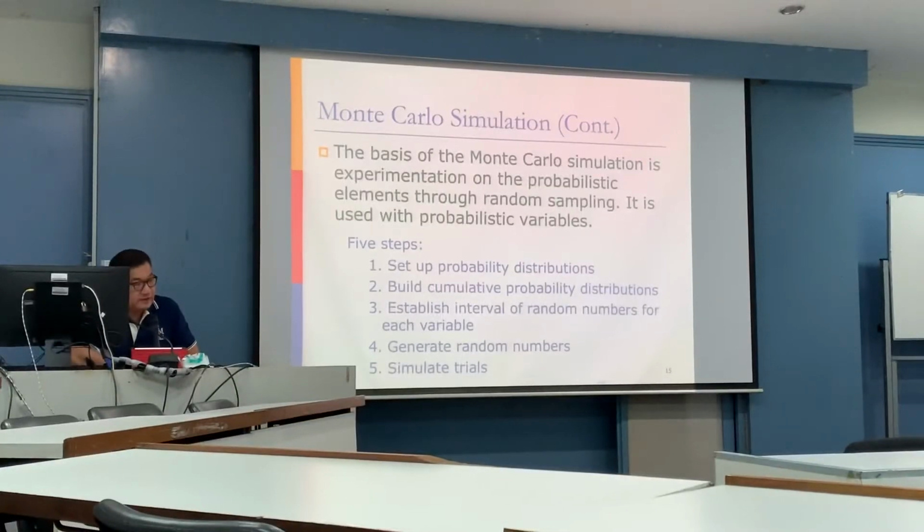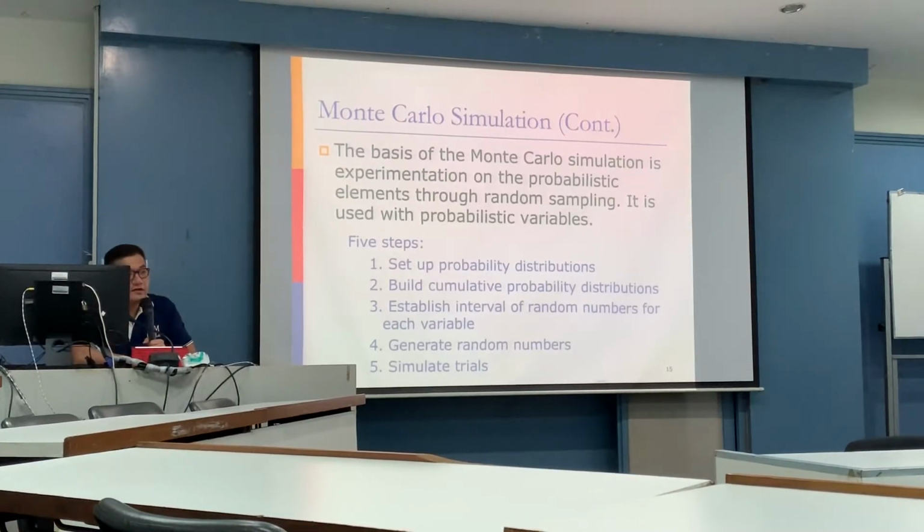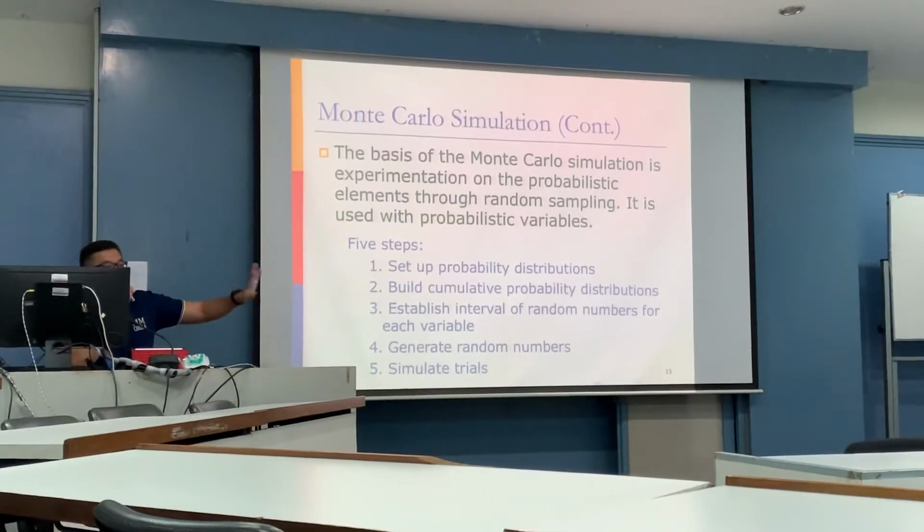based on historical data, let's say you try to estimate the behavior of consumers, whether they are going to buy or not buy your products. You collected the data over the past 10 months, and you believe that 60% of the customers are going to buy and 40% are not.